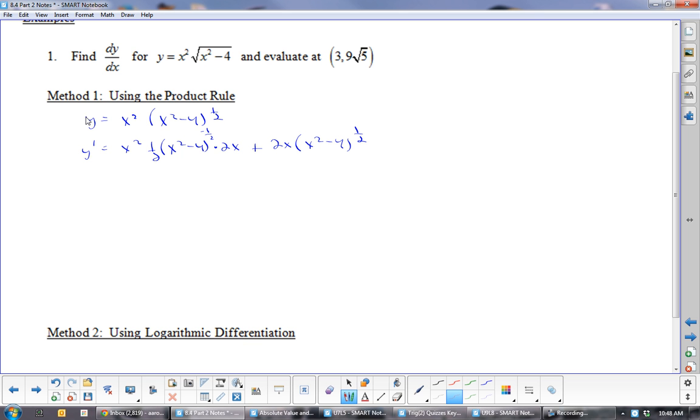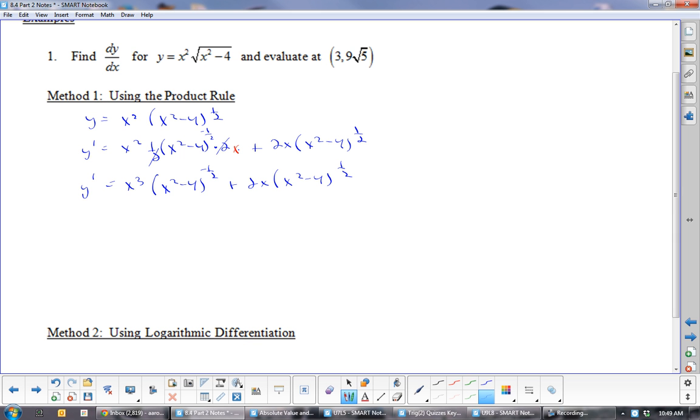In the first part, this x won't cancel. We got a cube that's still there. So y prime equals, the 2's will cancel, that's what I was thinking. And I got x cubed times (x squared minus 4) to the negative 1/2 plus 2x times (x squared minus 4) to the 1/2.